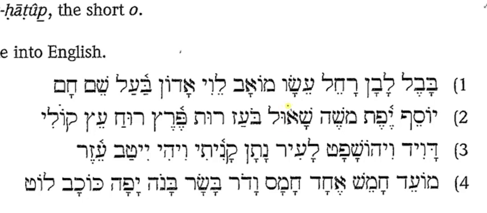Next we have kametz. Good. This is shurik. Shurik. Good. This one, cholam. This one, pathach. So say that with me. Cholam, pathach. Okay, this one, shurik. These two, segol.